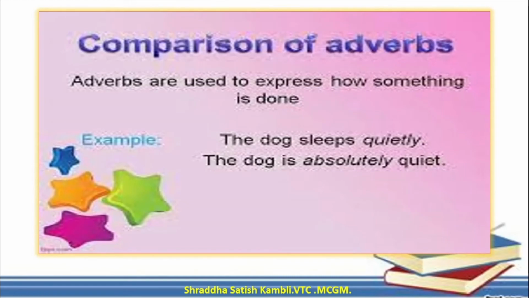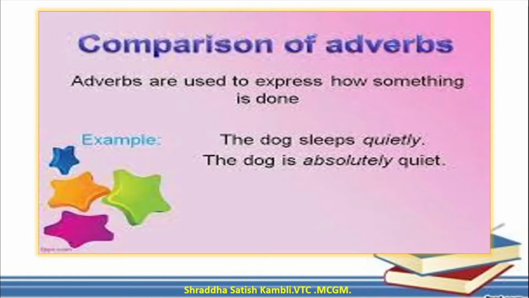So what is the meaning of adverbs? Adverbs are used to express how something is done. So I told you in the beginning of the lesson that adjectives are used to compare qualities. Okay, comparison of adjectives is used to compare qualities of two things, and comparison of adverbs is used to compare or express the manner in which something is done.